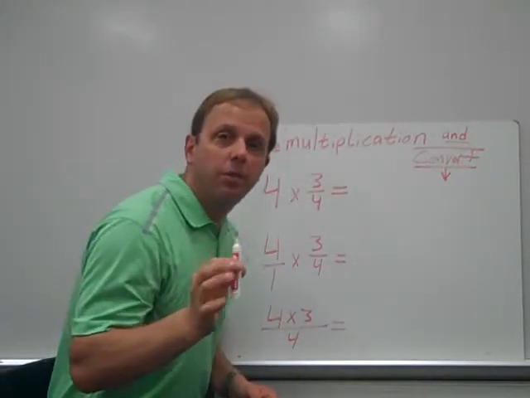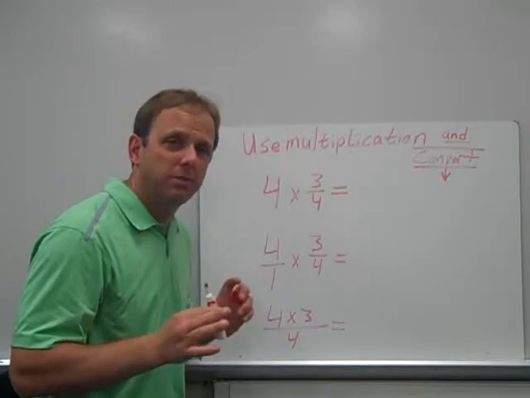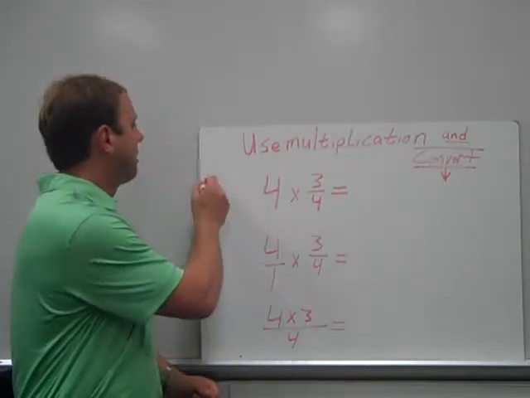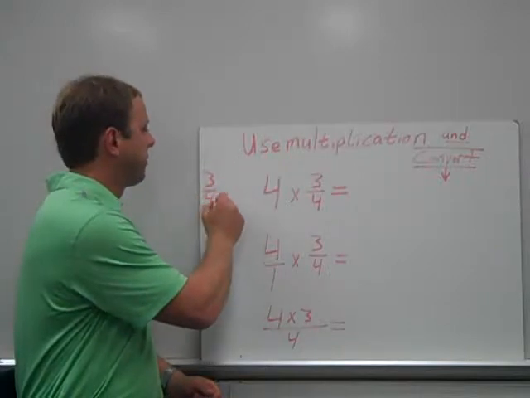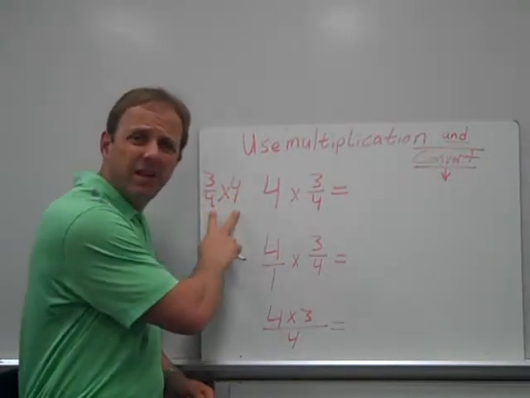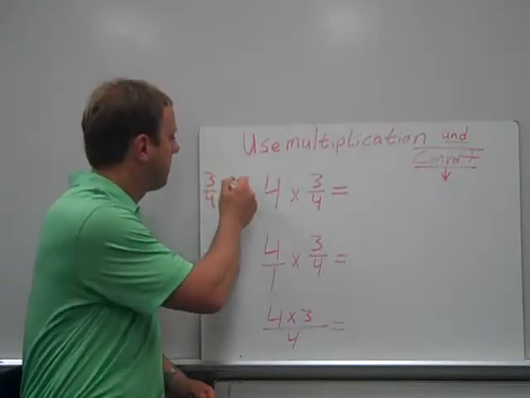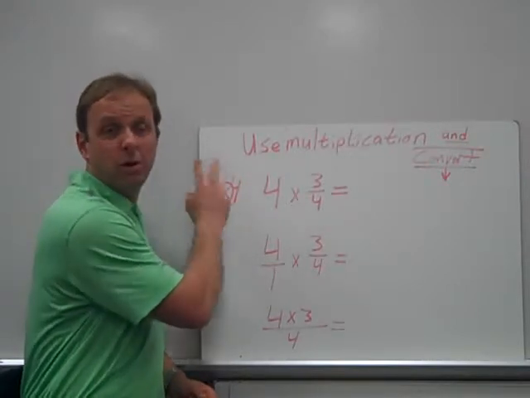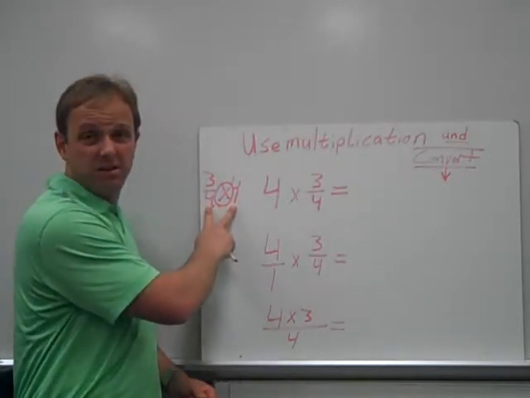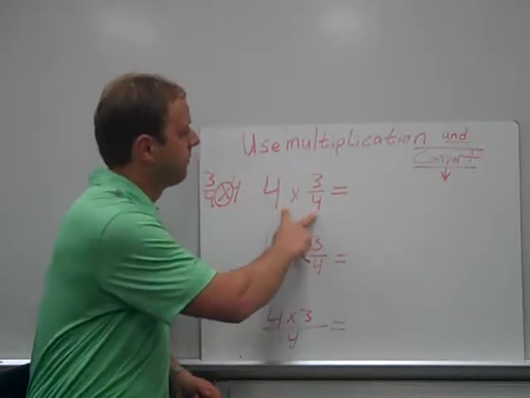Now, there are 3 ways that you can multiply this problem. This is how you'll see it, or you may see it written as 3/4 times 4. However, if you don't like how that looks, remember the commutative property of multiplication, order doesn't matter. So if you don't like how that looks, it bothers you, switch it.